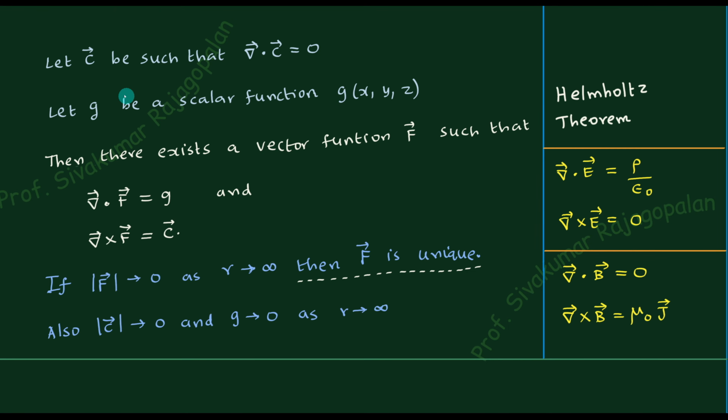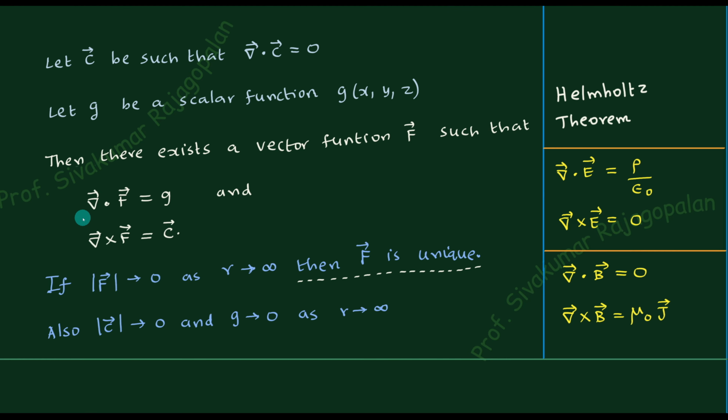That's what it is. So suppose you have one vector and one scalar function, then the statement of the Helmholtz theorem is that this constant and the scalar function can appear on the right side of the equation in such a way that the left side of the equation is divergence and curl.